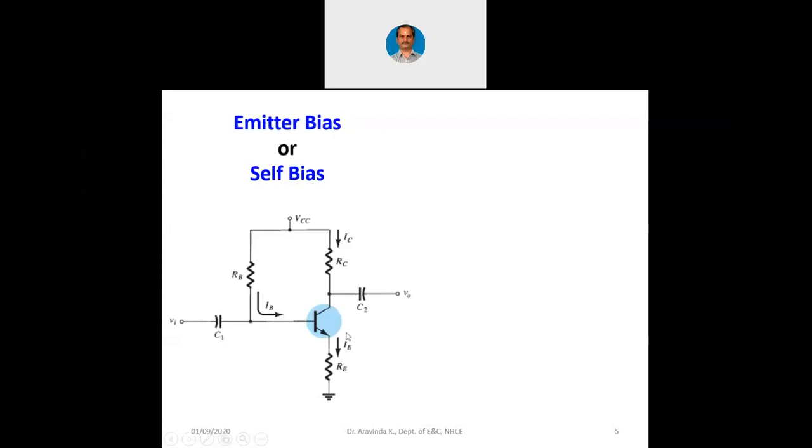One additional resistance is given so that we are preventing the transistor from going into saturation. We are ensuring that the transistor will remain in the active region only. Because if the transistor saturates, there will be a voltage drop across this RE, and the voltage across RE is denoted as VE.